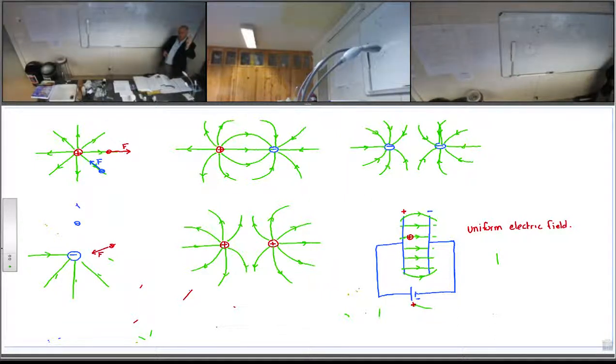Why? Okay, hold on. Who said near the positive plate? Hands up. Why do you say it will experience the greater force near the positive plate? Positive repels positive. That's why it experiences the greatest force near the positive plate. Who said near the negative plate? Why? Because negative attracts positive.